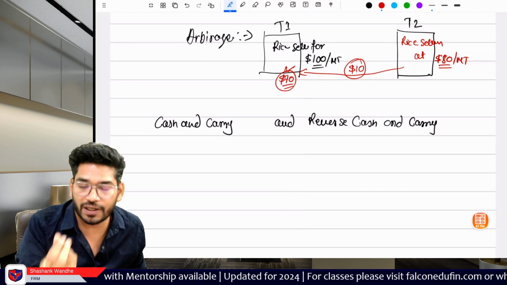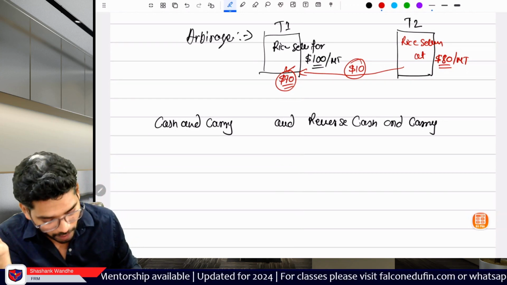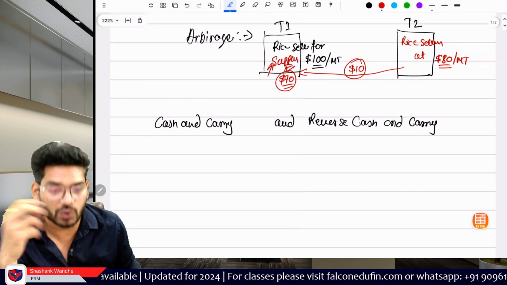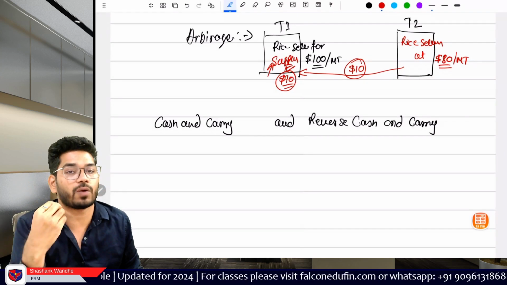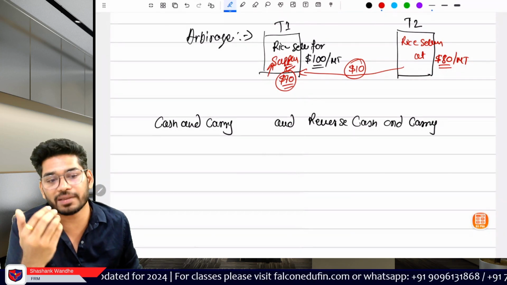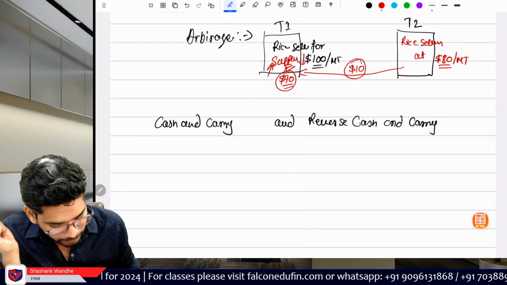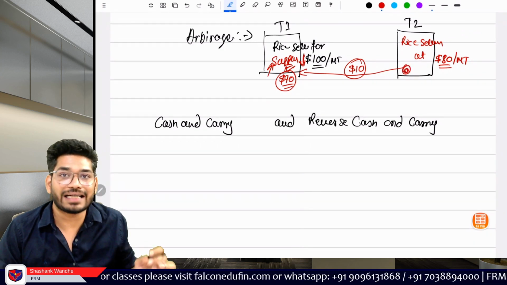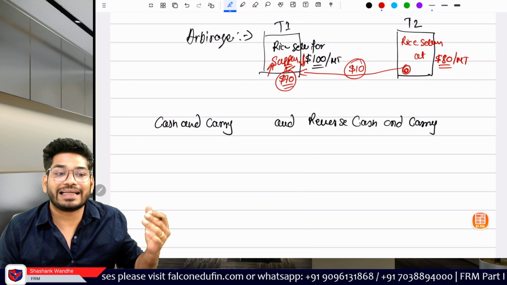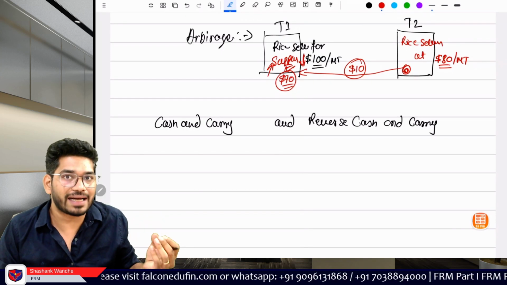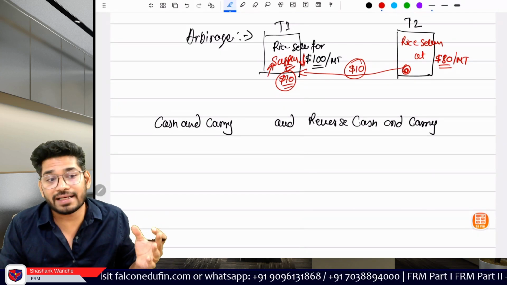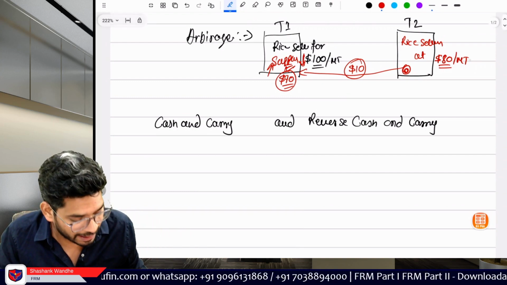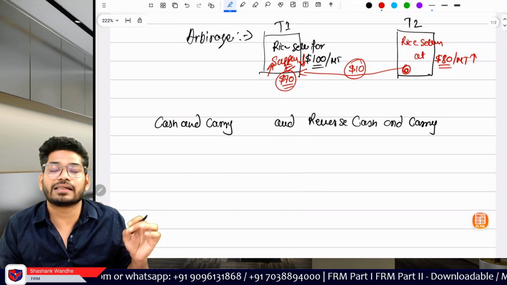You will increase the frequency, and because you are increasing the frequency, what happens? The supply of rice in town 1 will increase, and we know that if supply is more than demand, then price will drop. Similarly, because you are buying frequently in town 2, demand for rice in town 2 will increase. If the demand increases in town 2, automatically the price of rice in town 2 will increase.